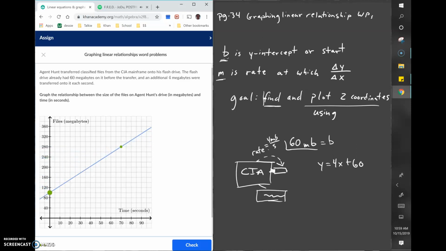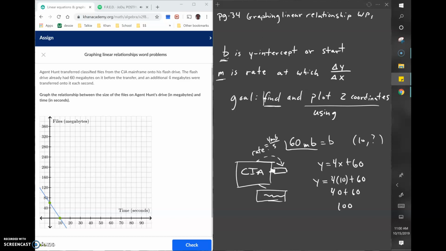B is 60, which goes right there. And then let's choose an x value and see if we can graph that y value. So I'm going to choose the x value 10. Again, this is the coordinate point strategy. Choosing 10 for x, I'm trying to figure out what y value can be graphed. So 4 times 10 plus 60, 4 times 10 is 40, plus 60 is 100.